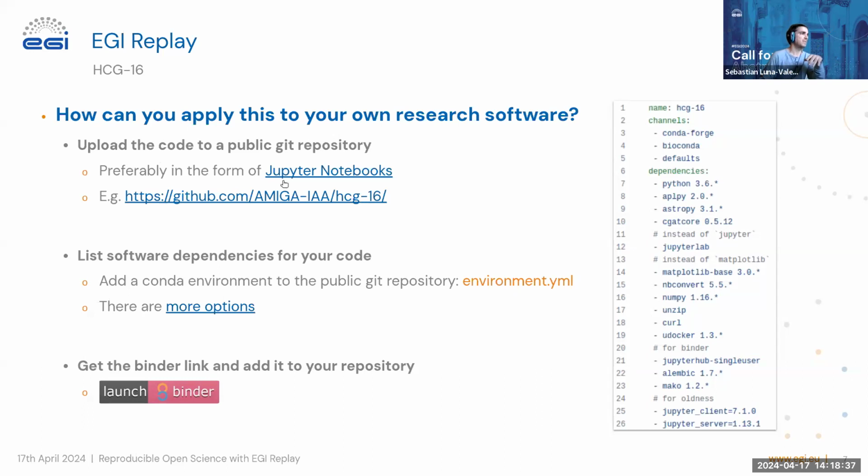After uploading the code, you also need to provide a way to identify and list the software dependencies for the code to run properly. As I mentioned, in our example for the Hickson 16 group case study, we use the environment.yaml file for conda dependencies. And again, you see on the right an example of how it looks.